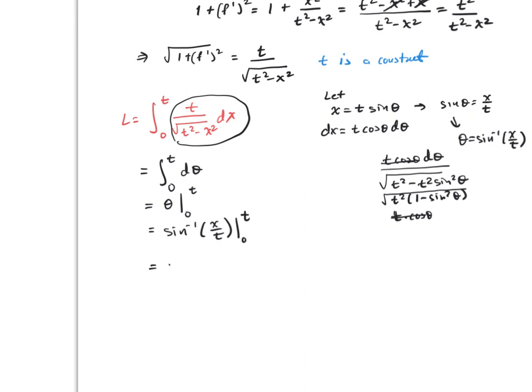So therefore this is sine inverse of t over t, which is 1, minus sine inverse of 0. So this will be pi over 2, because sine of pi over 2 is 1. Remember, this thing is equals to 1, then minus 0, so the answer is just pi over 2.